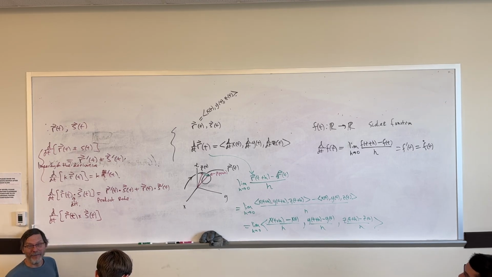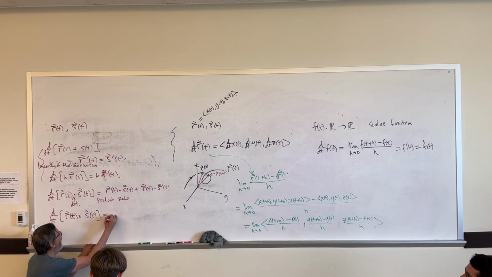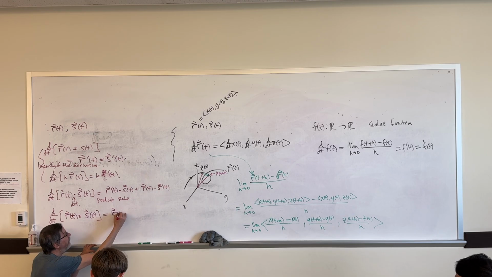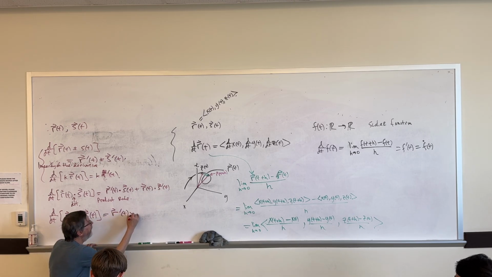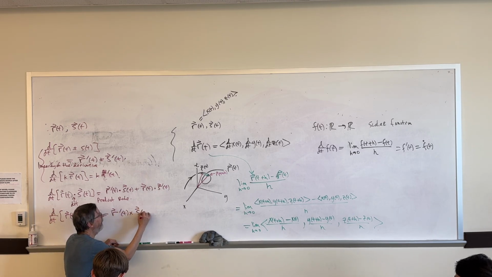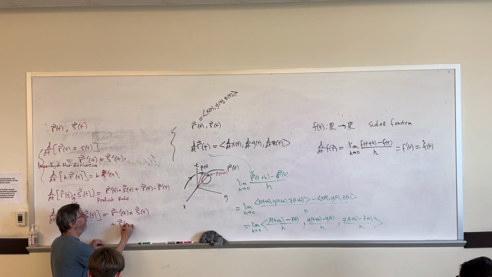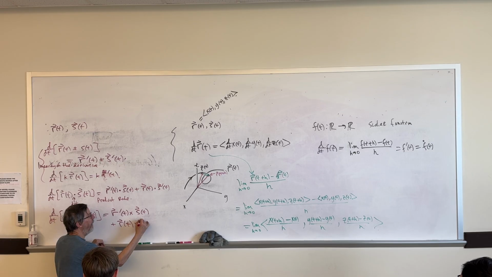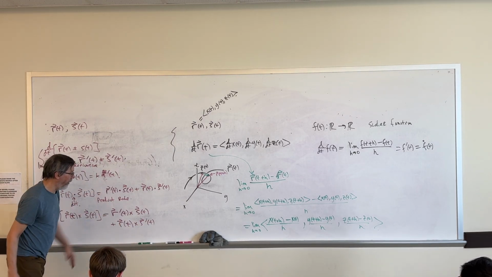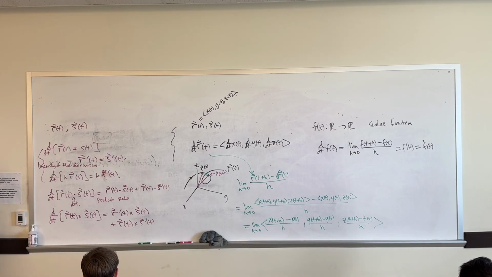I believed it. But I haven't convinced myself of it, which is not great. R prime of t cross s of t plus r of t cross s prime of t. So no matter what you're doing, dot or cross product, you got the product rule. Pretty cool.